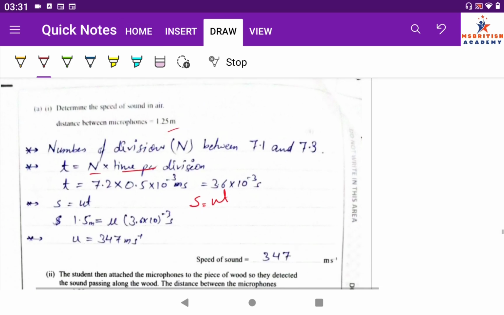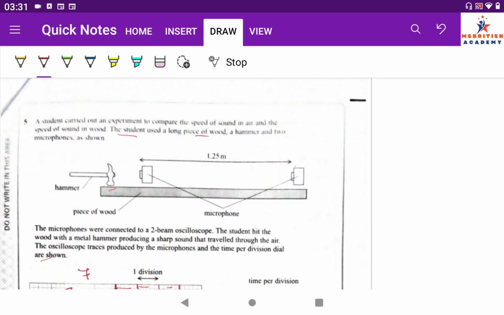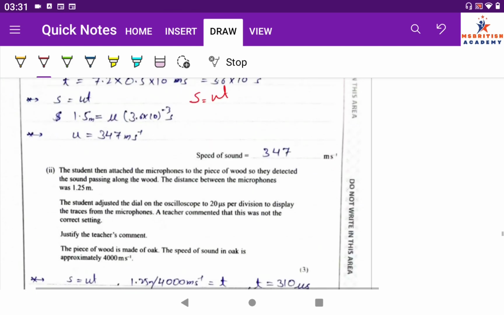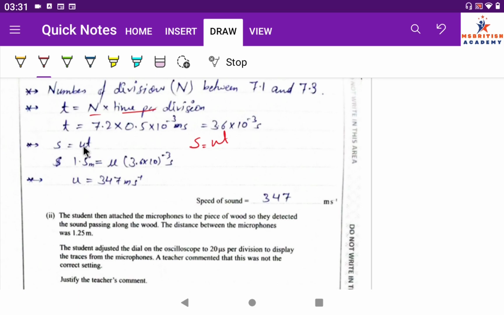So s is 1.25, the distance between the two microphones. After calculation we get the speed of sound in air as 347 meters per second.